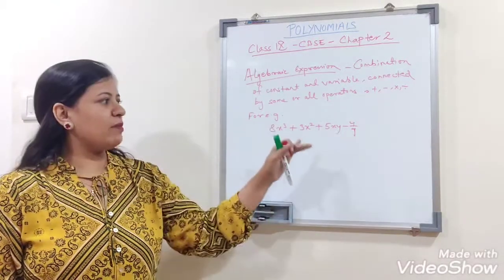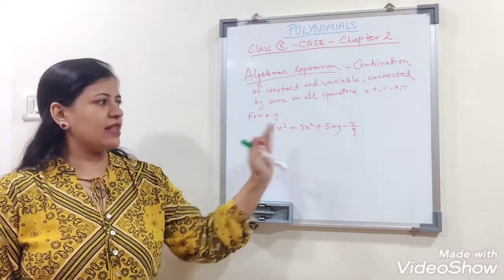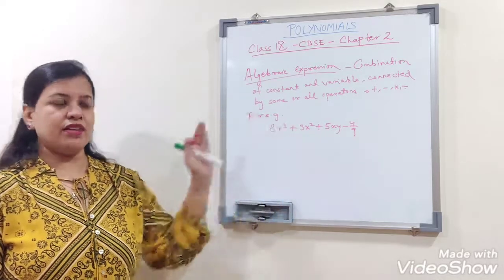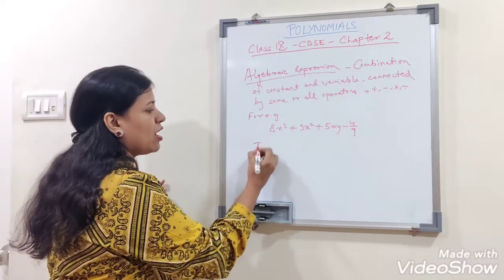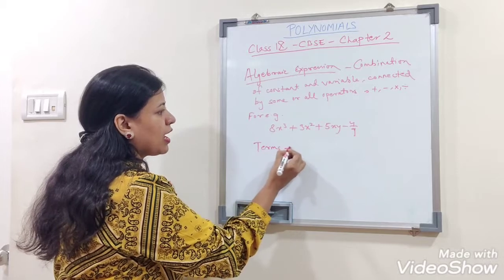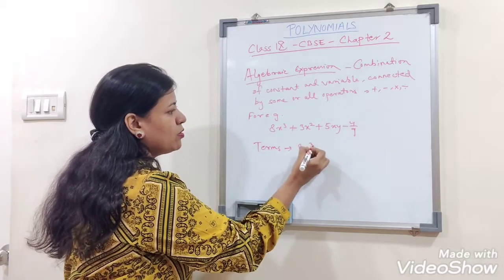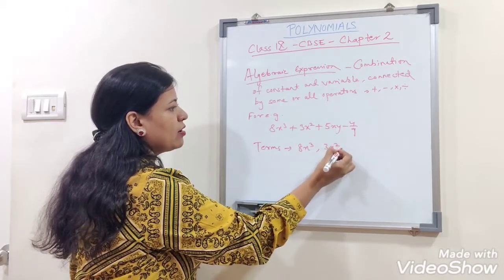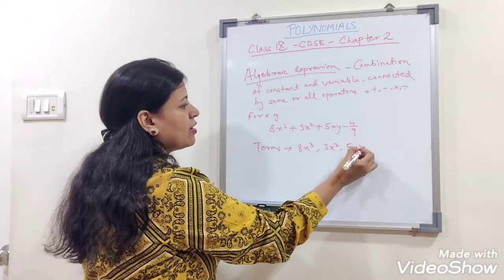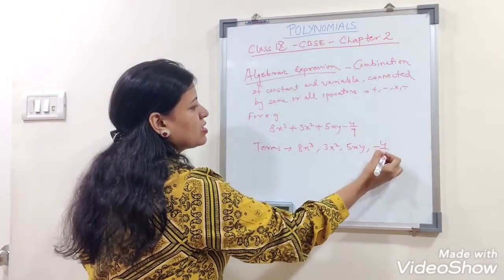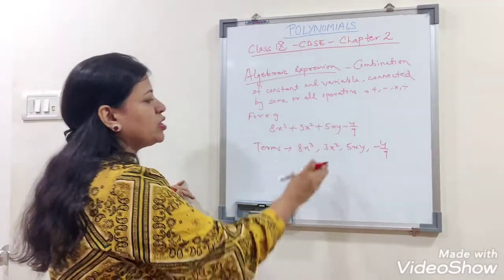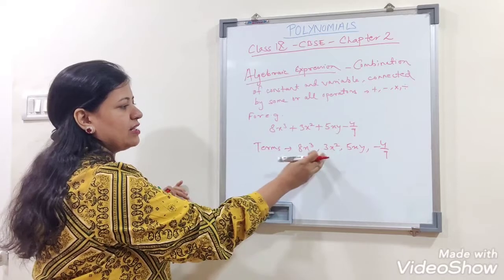Now kids, can you tell me what are the terms in this expression? Yes, correct. The terms are 8x cubed, 3x squared, 5xy and minus 4 by 9. We don't write plus sign because it is taken by default.